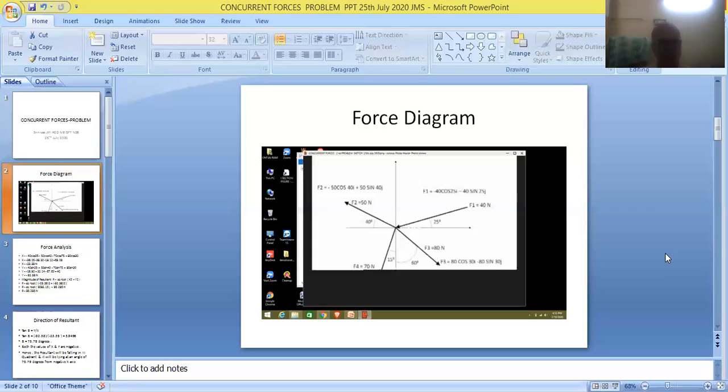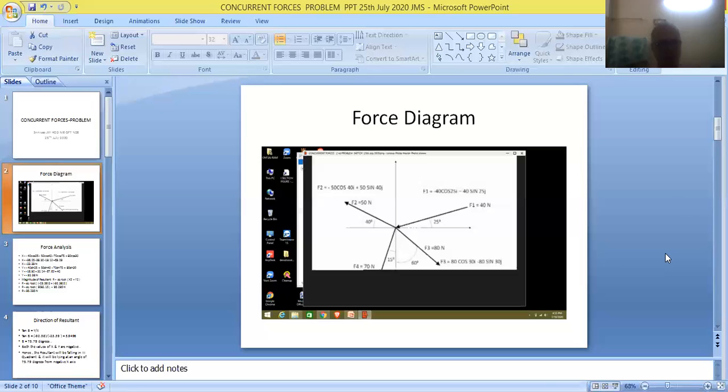Before starting the problem, we have to do all these activities properly. Then only we will get the proper results, namely the magnitude of the resultant, the direction of the resultant, and finally the location of the resultant. So friends, please remember these rules.